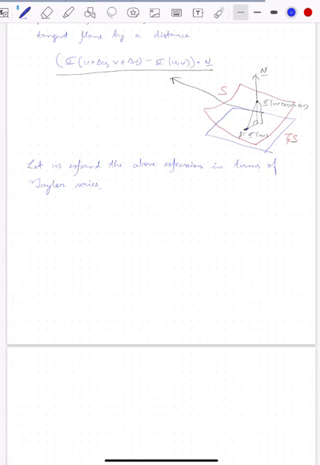So in that, what we have is sigma vector u plus delta u, v minus delta v is equal to sigma vector u comma v plus sigma u delta u plus sigma v delta v, plus half of sigma uu delta u squared plus 2 sigma vector uv delta u delta v, right?